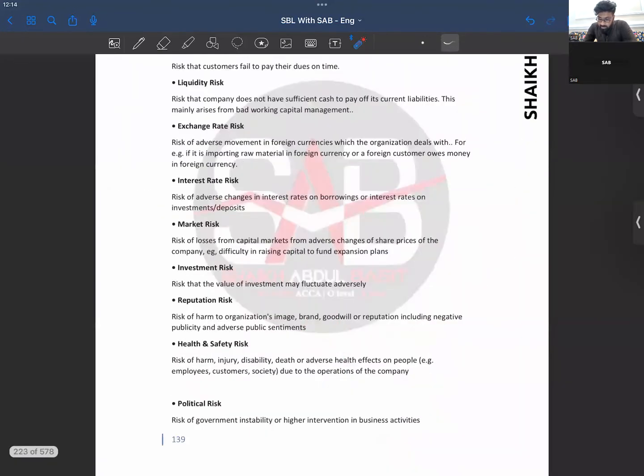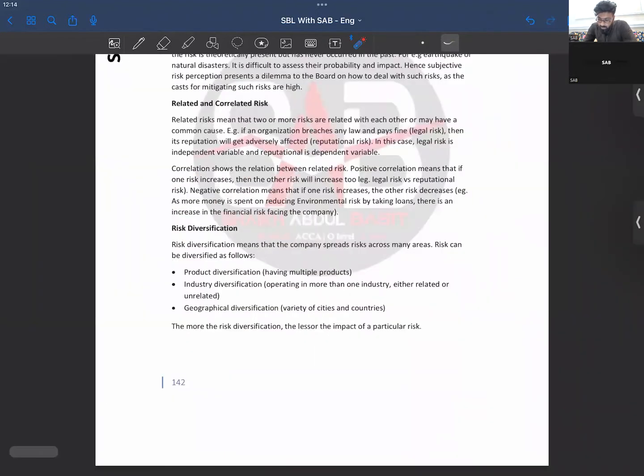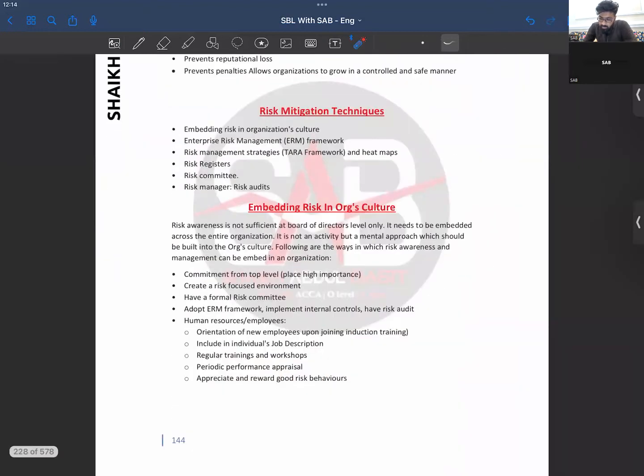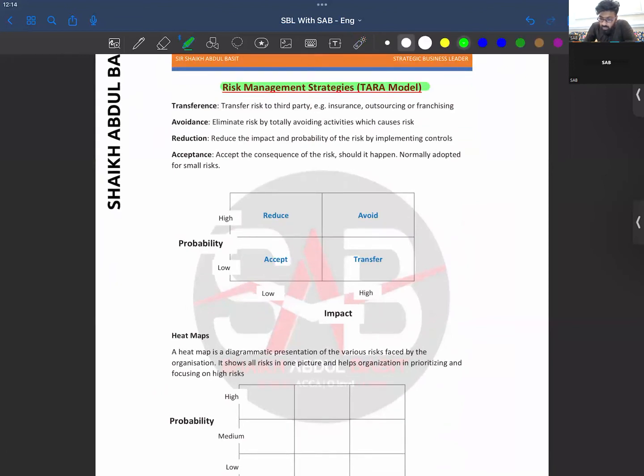But currently, the technique tested here is the risk management strategy, that is the TARA model. Let's just discuss this and close it, although we will cover the complete section later, so that we can attempt this requirement.